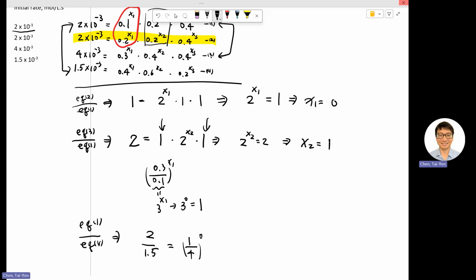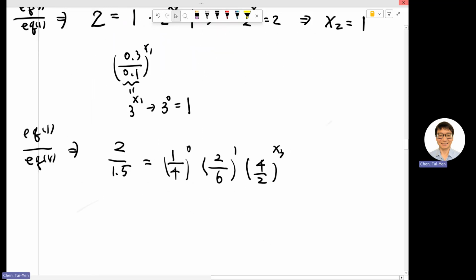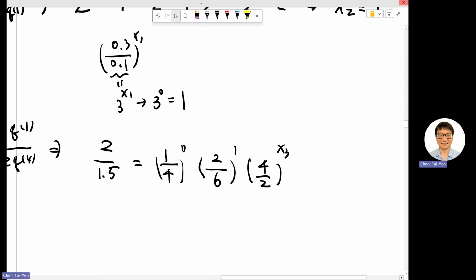Okay. And then 2 over 6 to the first power. And then 4 over 2 to the x3 power. Does everybody follow this? Yeah, I hope you can see why I write all these things down. If you don't, let me know.